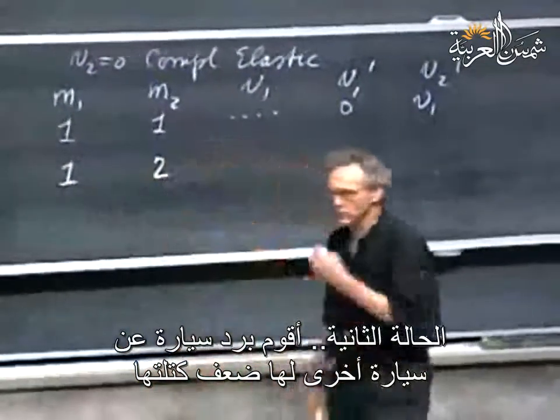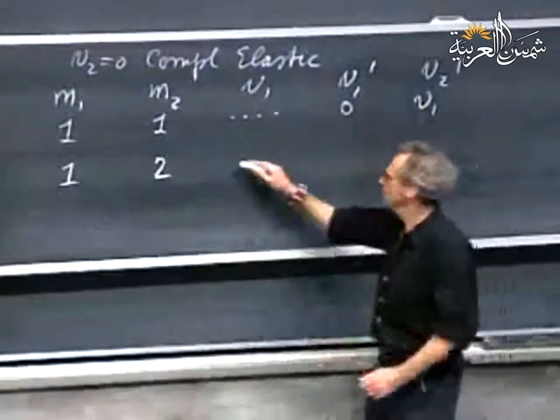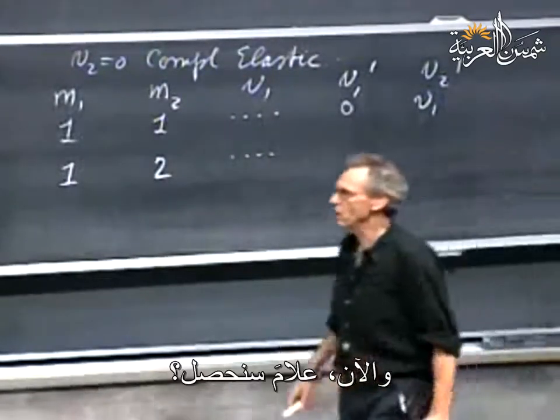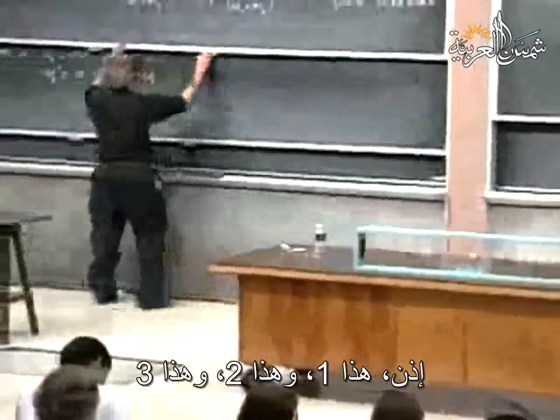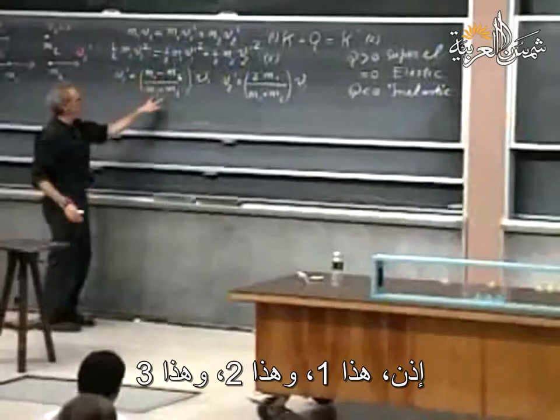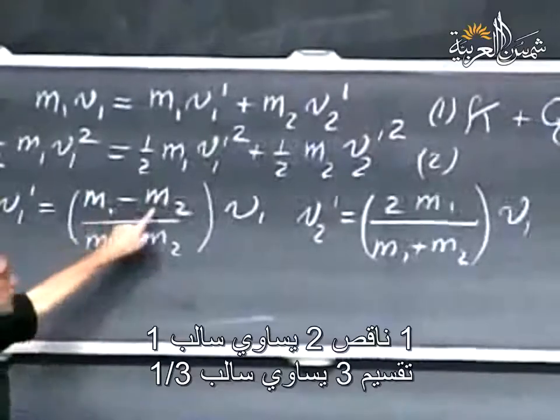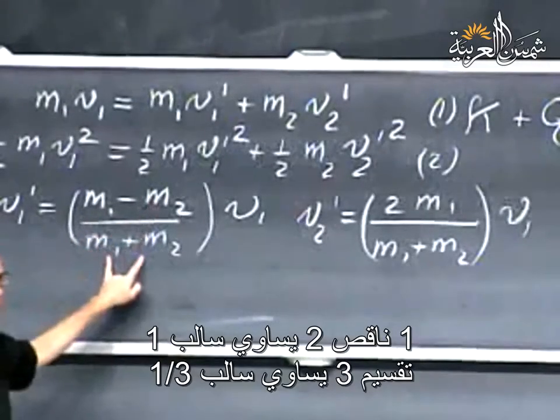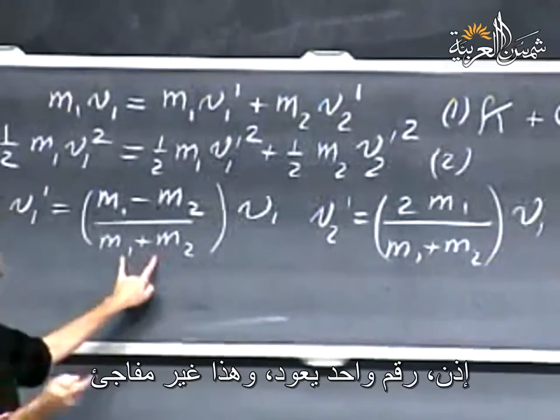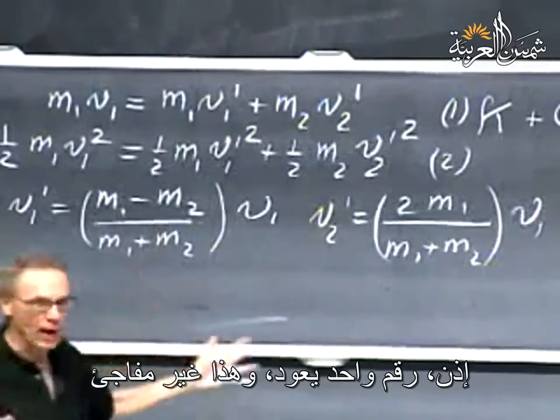The second case, I bounce one car onto another one which is twice the mass, certain velocity which I don't know what it is, and now what are we going to get? So mass m1 is half the mass of m2. So this is a 1, and this is a 2, and this is 3. 1 minus 2 is minus 1, divided by 3 is minus 1/3. So number 1 comes back. No surprise.